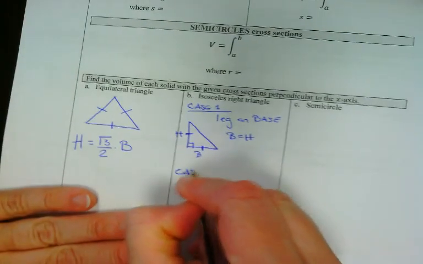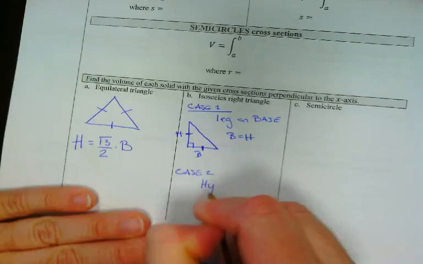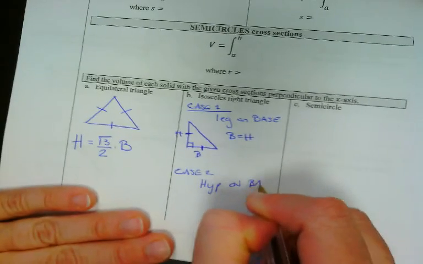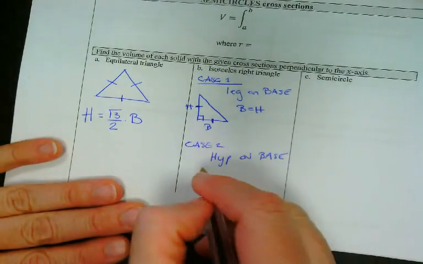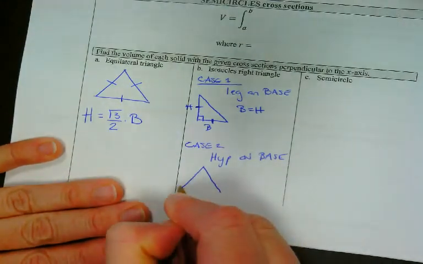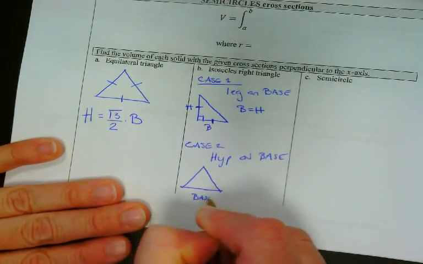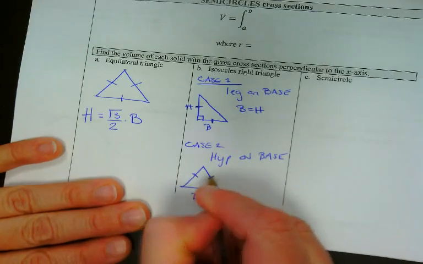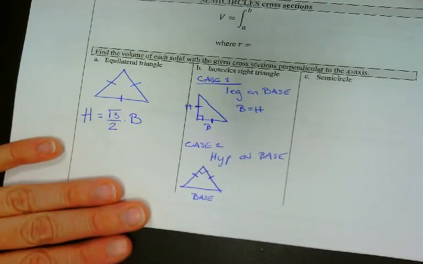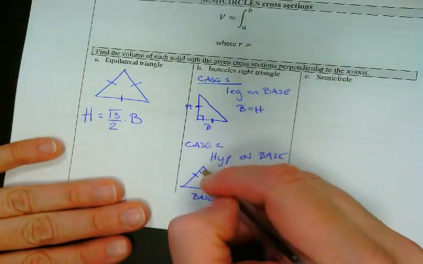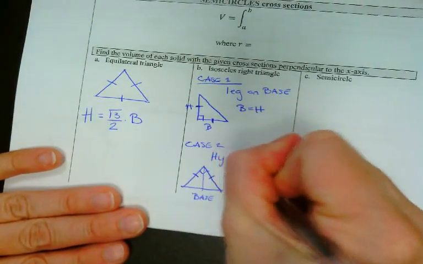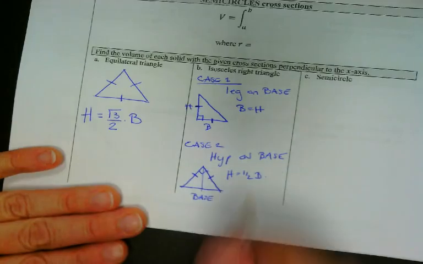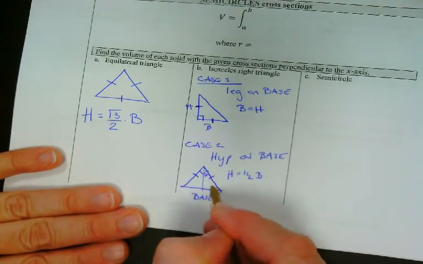Case 2, we're going to have the hypotenuse on the base. And again, I'm just going to draw it so I remember it. Okay, hypotenuse is on the base. That means these sides are equal. And I really want to compare the base to the height. Okay, the height is half the base. And again, you can go through and do the math if you want. That makes that a 45, 45, 90.